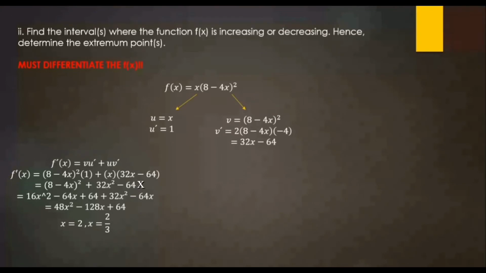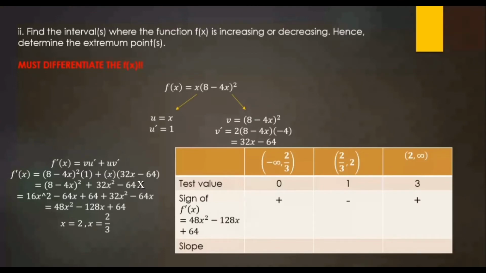Then, we just substitute the u prime, v and v prime into the equation. The next step, we are going to expand the equation and we get f prime of x equals 48x squared minus 128x plus 64. Then we get x equals 2 and x equals 2 over 3.